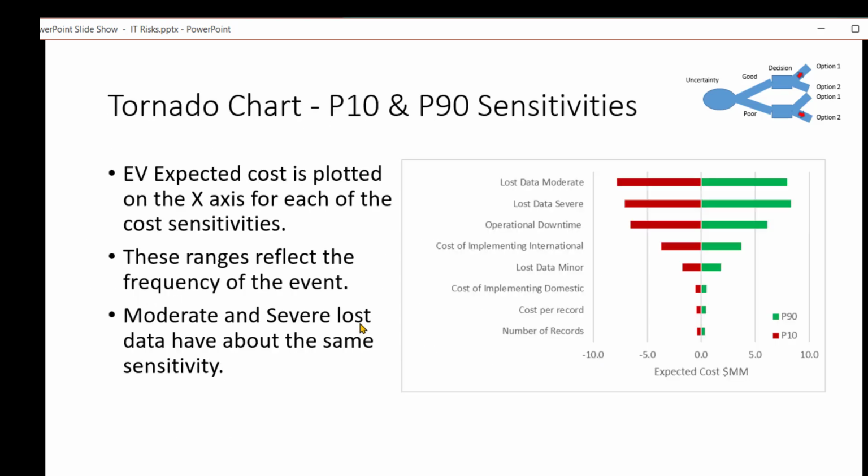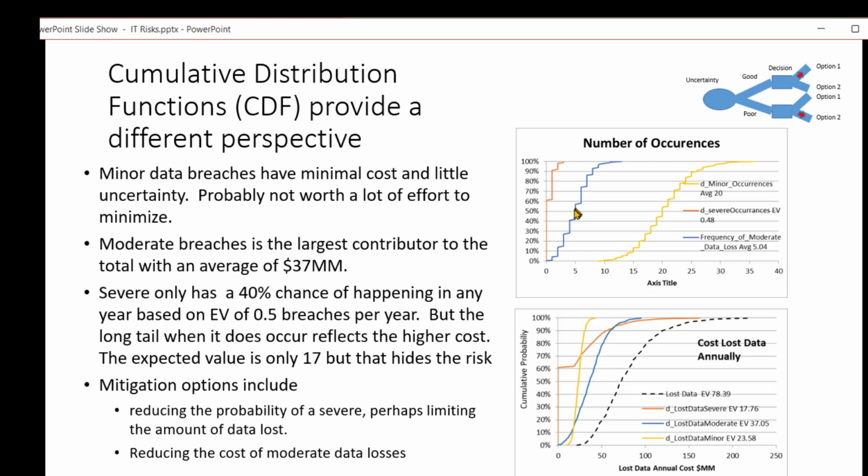So the tornado chart is informative, but I think we get more information by looking at the cumulative distribution function. So here we've got, I didn't put a title here, but this is the number of occurrences, and this is the cumulative probability. So with the major severe occurrences, that's this line here.